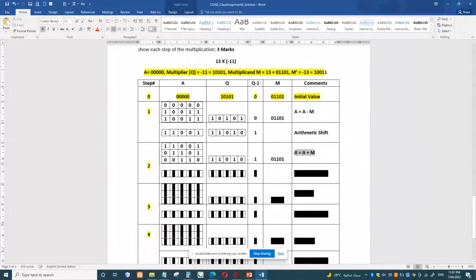We have just performed a equal to a plus m, and we know that whether you do a equal to a minus m or a equal to a plus m, you have to do the arithmetic right shift. So this is our arithmetic right shift.